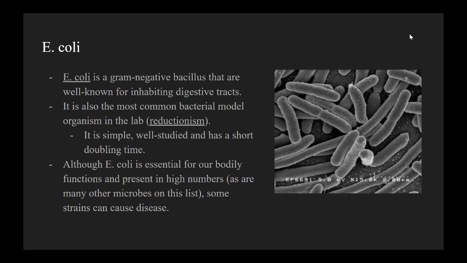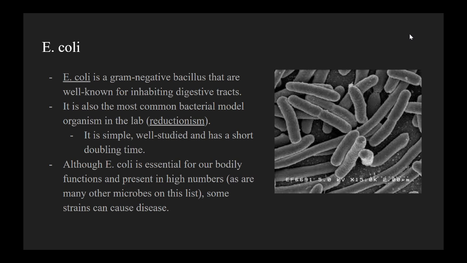This is a concept called reductionism, where we can use E. coli, which are much simpler than humans, as a model because even across life, there will be mechanisms and traits that are very similar, even though E. coli are much simpler than humans. So we can use them to test stuff that we might not be able to test on actual humans, right?